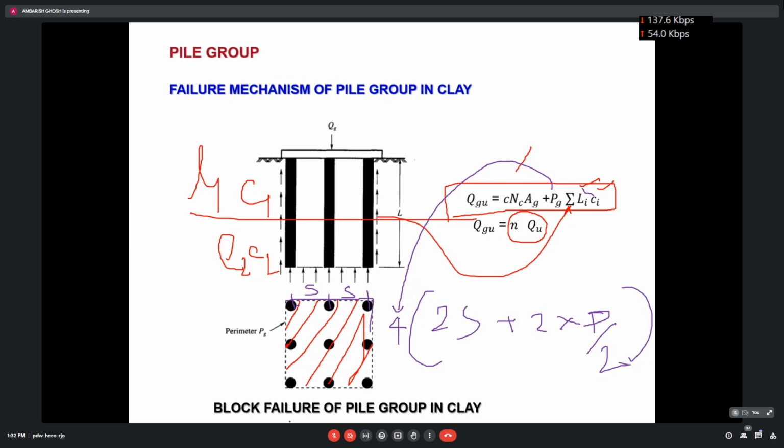Ag is this area I have marked. If you know the sides of the square, this is the Ag, the gross area. That's why I have marked it, this hashed portion. Okay sir, this side is multiplied by that side. Anything else?